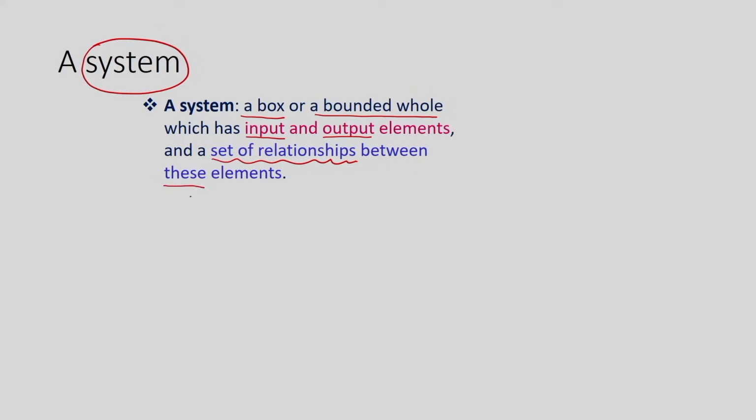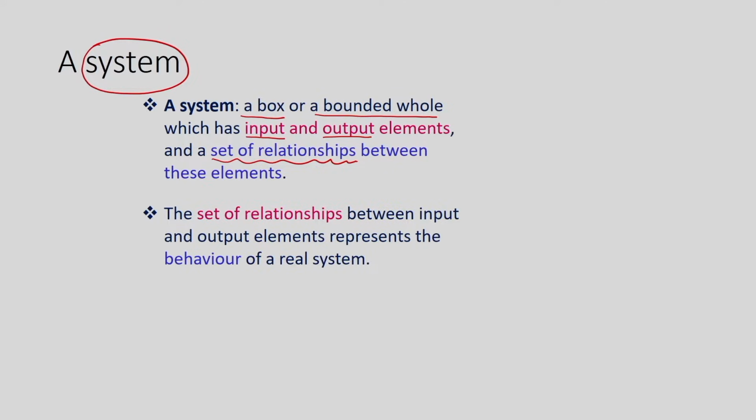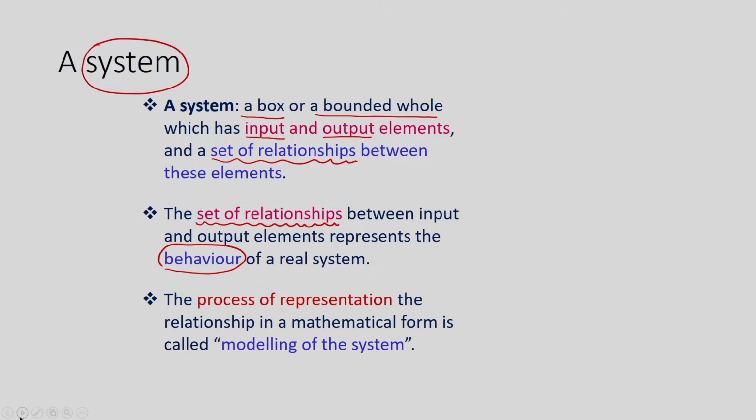The set of relationships between the input and output represents the behavior of the real system, and when we represent this relationship in mathematical form, we call that process the modeling of the system.